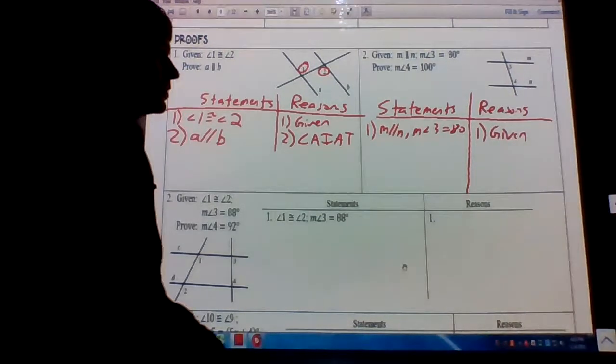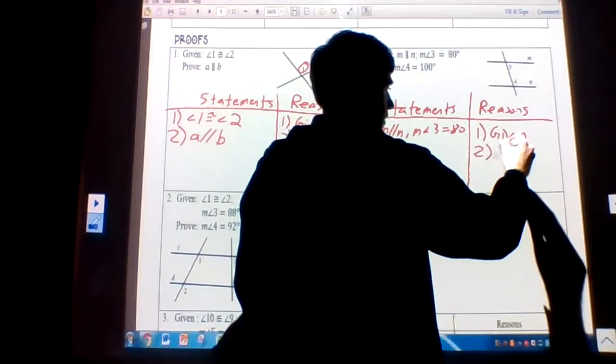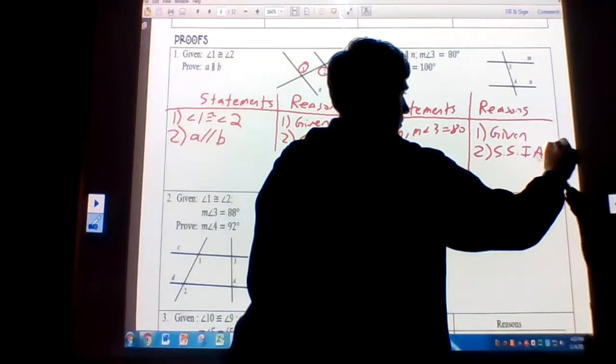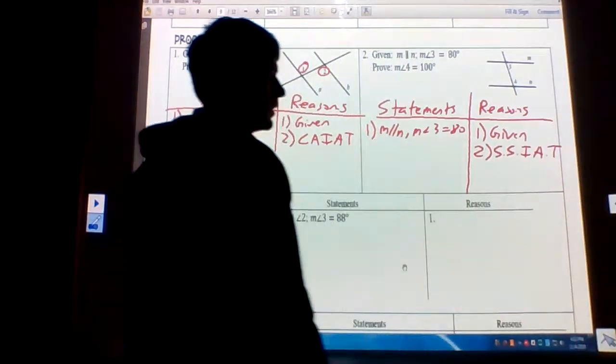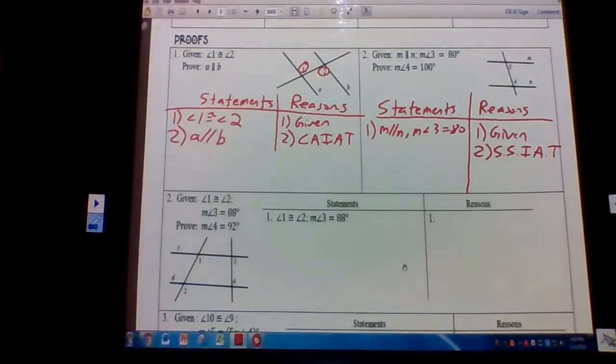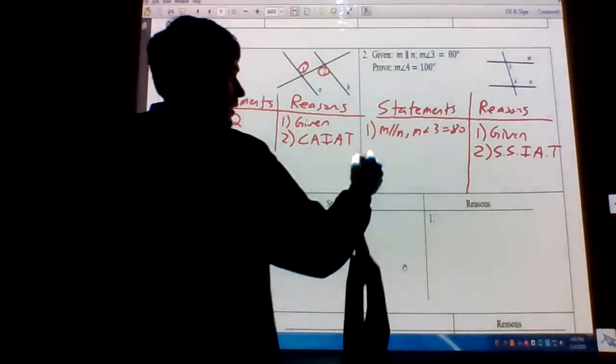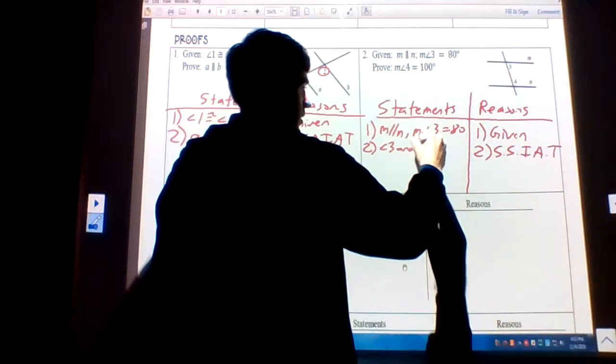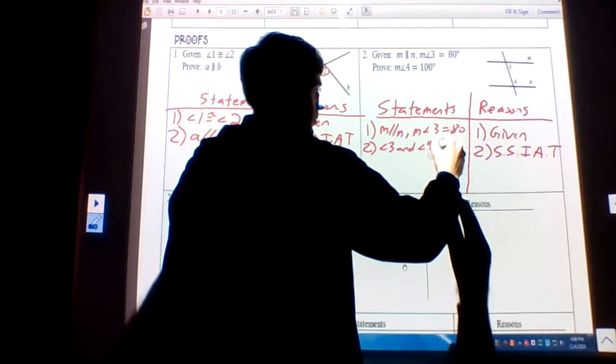Well, we know the lines are parallel, so we can use the same side interior angle theorem, or consecutive interior angle theorem, to tell us that angle 3 and angle 4 are supplementary.